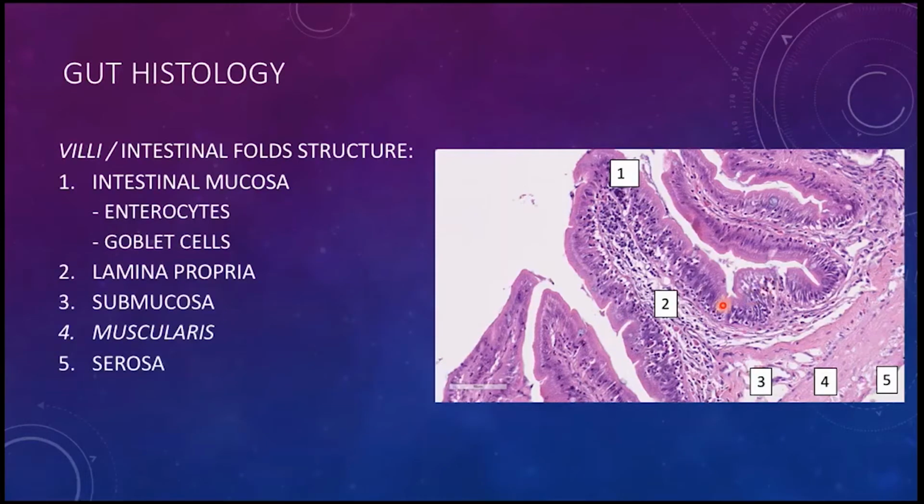On one hand, we have enterocytes, which are responsible for the uptake and absorption of nutrients, and then goblet cells, which are mucus-secreting cells that produce the protective layer of the intestinal mucosa.